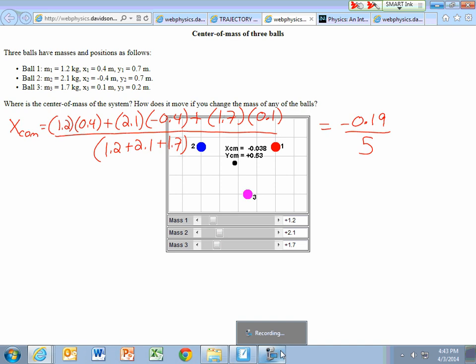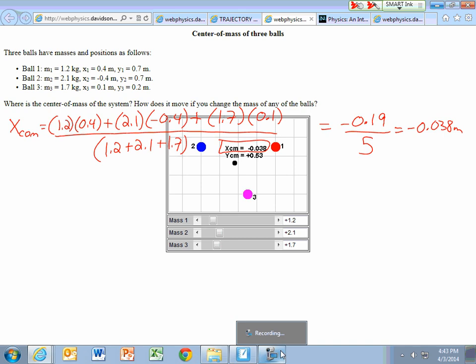So negative 0.19 divided by 5 is negative 0.038 meters, which is what they have here. The x-coordinate of the center of mass is negative 0.038 meters.